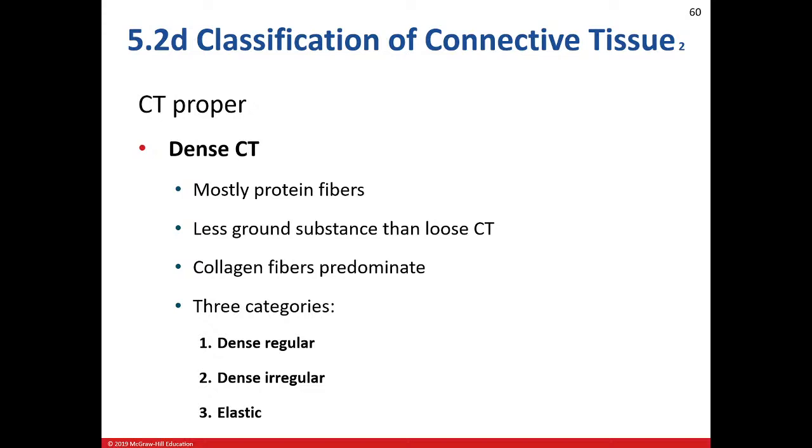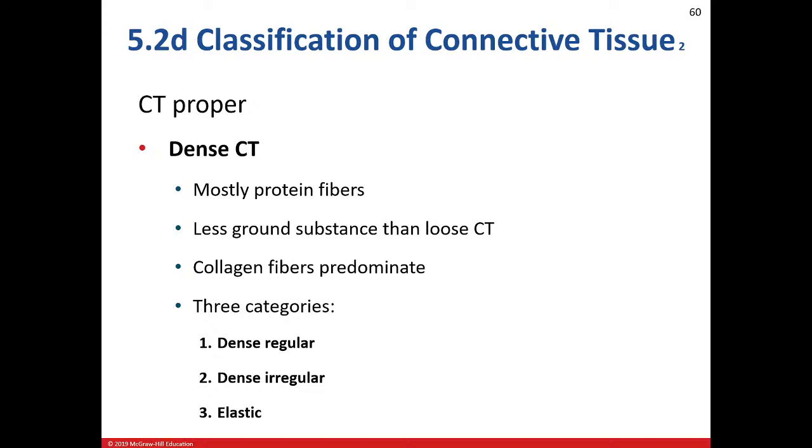Now we are moving into dense connective tissue proper. All right. And so the dense connective tissue proper, these cells are still going to be spaced out from one another, but the space between them is going to be filled with protein. Right. So the cells are going to be spaced out. There's not so much ground substance. There's a lot more protein in dense connective tissue.